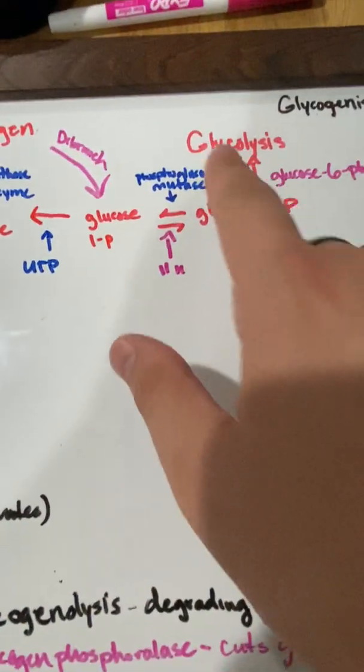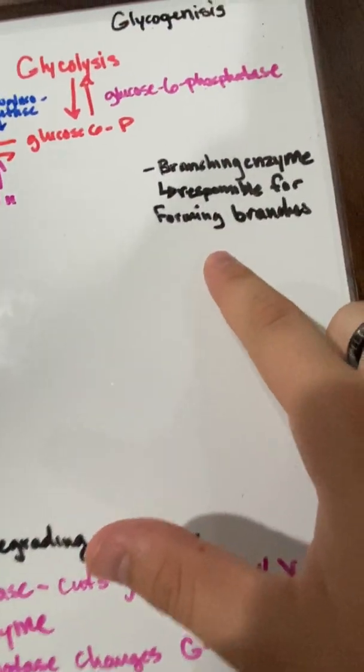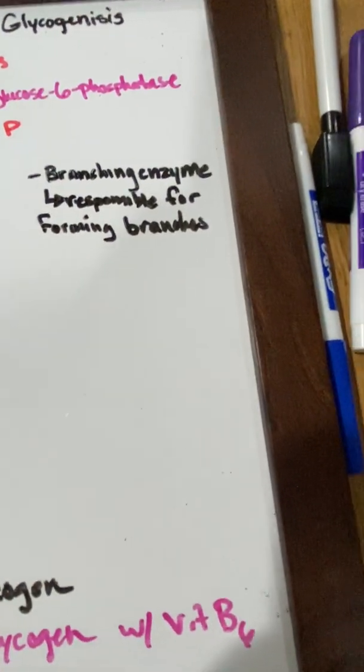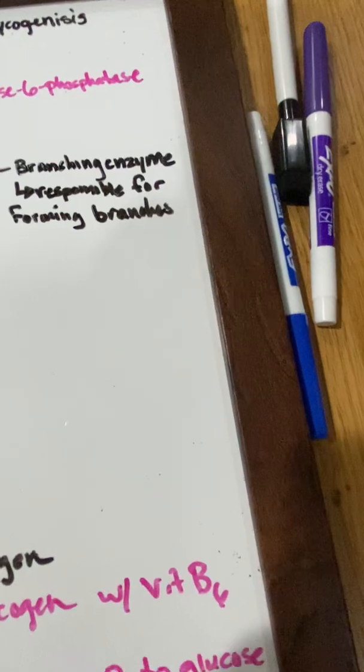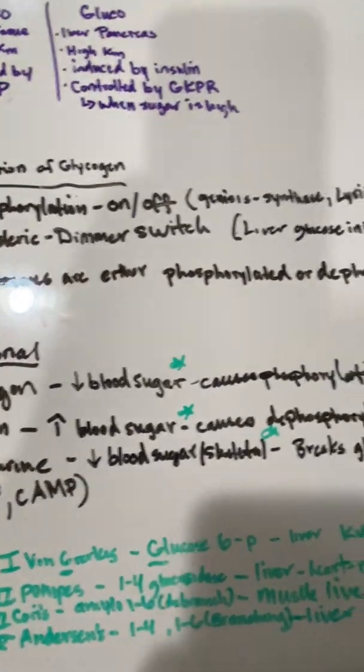So technically this should be written as glucose, not glycolysis. The branching enzyme would be responsible for forming branches, and the debranching would be in charge of breaking down those branches.